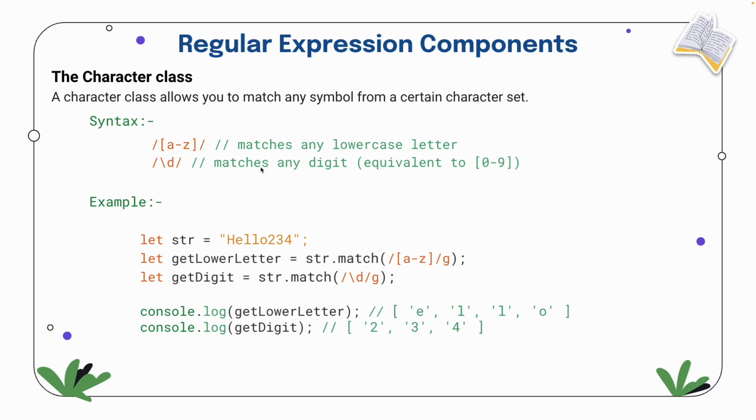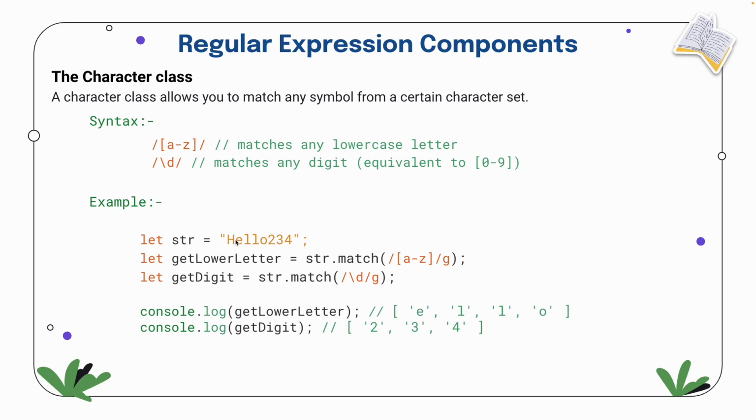Let's suppose you have a string like hello 234 and you want all the lowercase letters from this string. I write a to z with the global flag, meaning the entire string, and you will get ello.